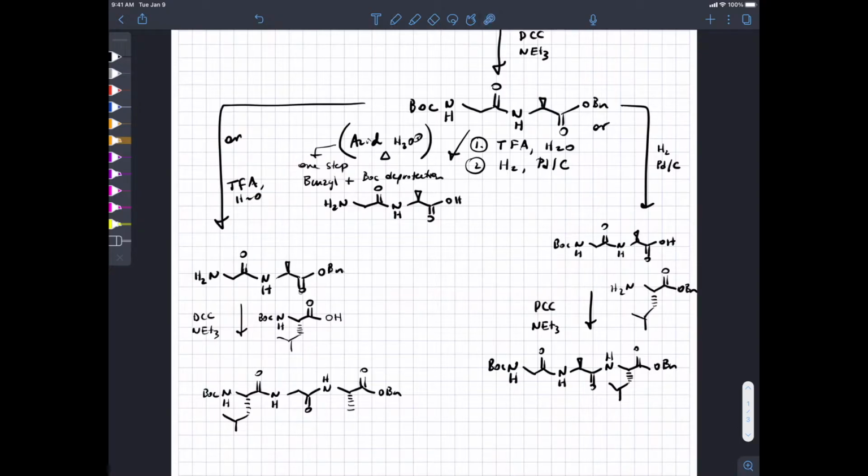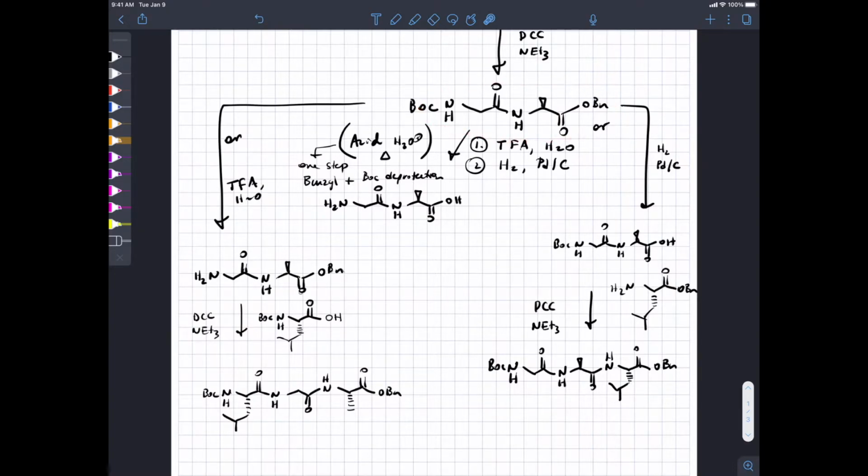Because if you think about it, for each new amino acid we add, we needed to do a deprotection and then a coupling step. And if those reactions are not greater than 99% yield, your yield's going to drop off precipitously with each step.